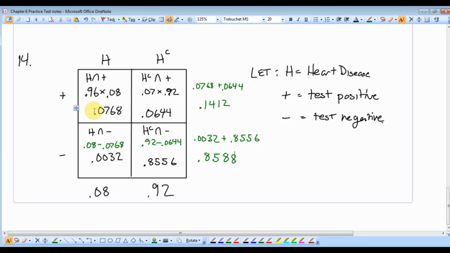Definitely not. Multiplication doesn't work, therefore these two events are not independent. They are dependent. Multiplication doesn't work in this chart. So the two events, heart disease and test outcome, are dependent.